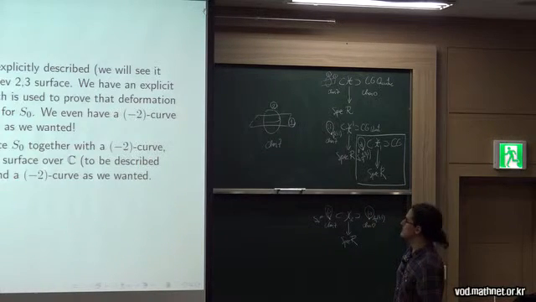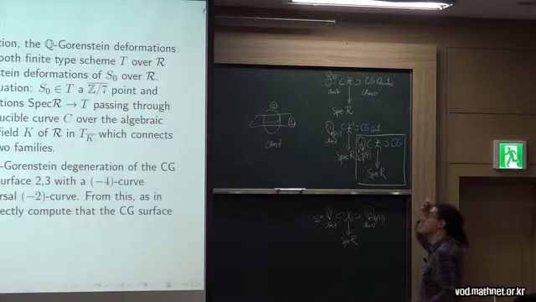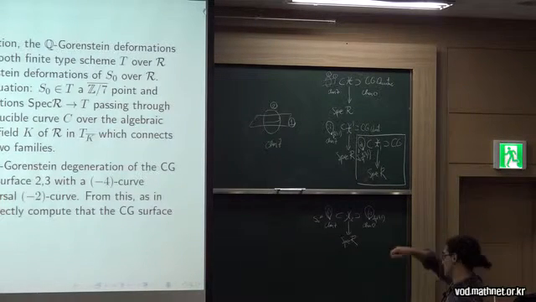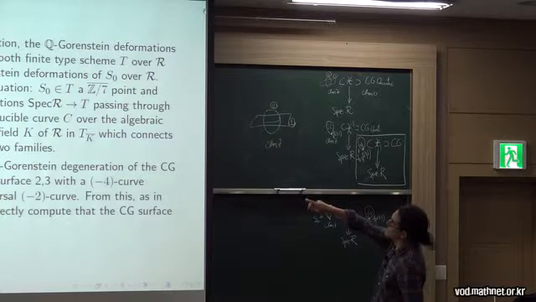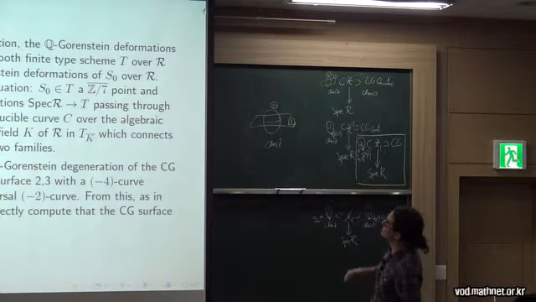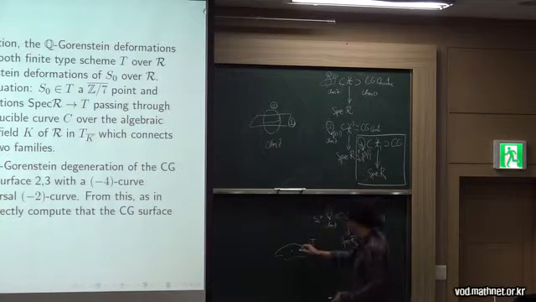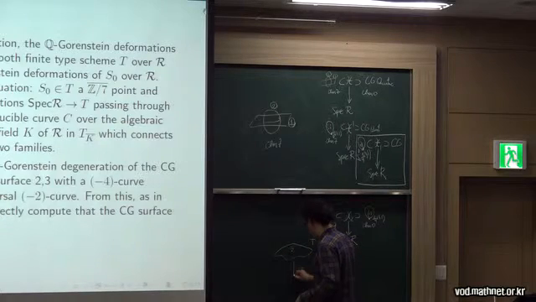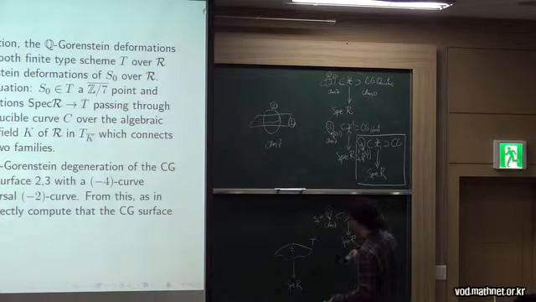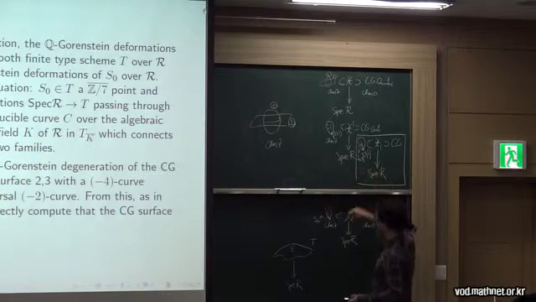So we have these two families, and then what we do is use this no-obstruction computation to prove that there is a smooth finite type scheme T over R. So this would be my T. There is like a local moduli for this S0 surface, and this is over R, where we have these two families.